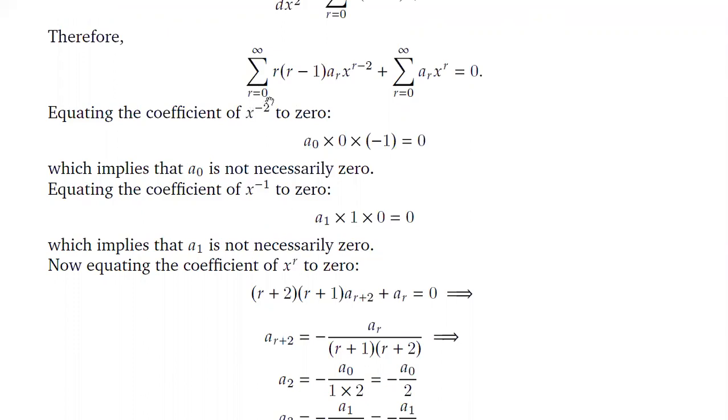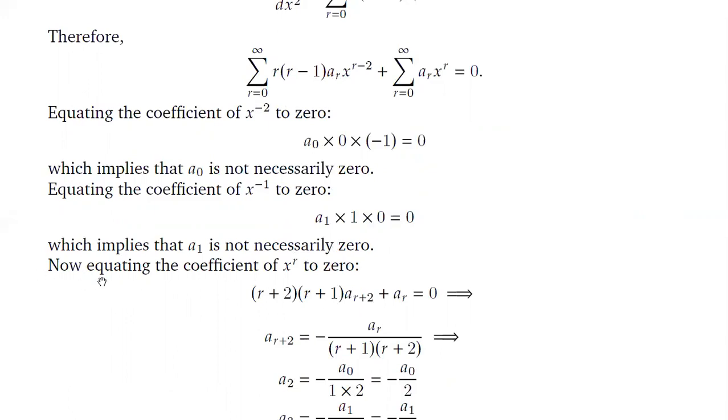You can see that r here varies from 0 to infinity. So when r takes the value r plus 2, then x power r minus 2 becomes x power r plus 2 minus 2, so you get x power r. Therefore, the coefficient of x power r from the first term will be r plus 2 into r plus 2 minus 1, that is r plus 1, into ar plus 2.